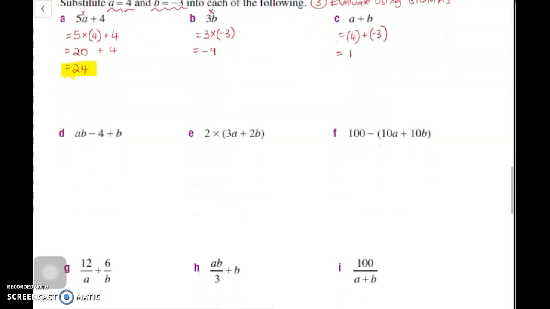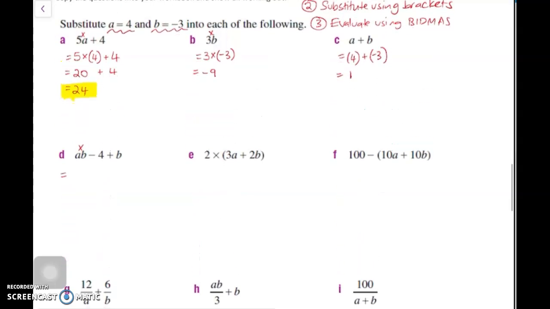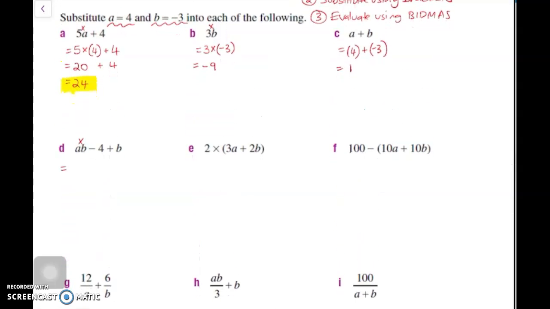Let's have a look at the next question. Let's put in the hidden operations. There's a times sign between the A and the B. The next step is we replace the letters. So A is 4, so we replace that with 4 times B, which is -3, minus 4 plus B again, which is -3.